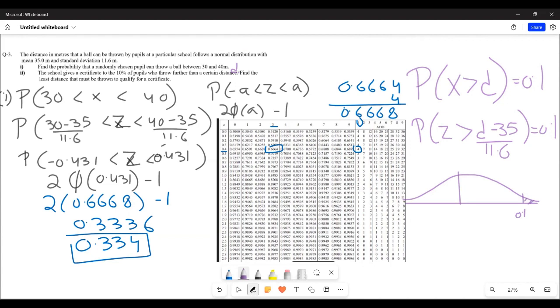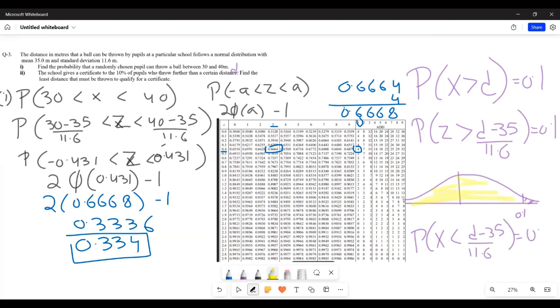So we can say probability Z is less than D minus 35 over 11.6 should be equal to 0.9. It's a positive number, so we will not be changing it into a negative number. If it were a negative value, we would have to change it into a positive value.